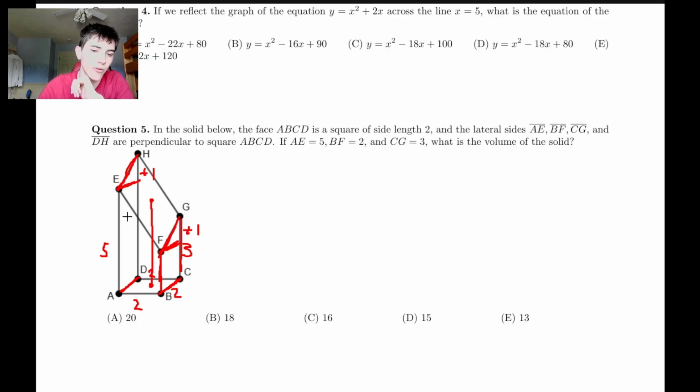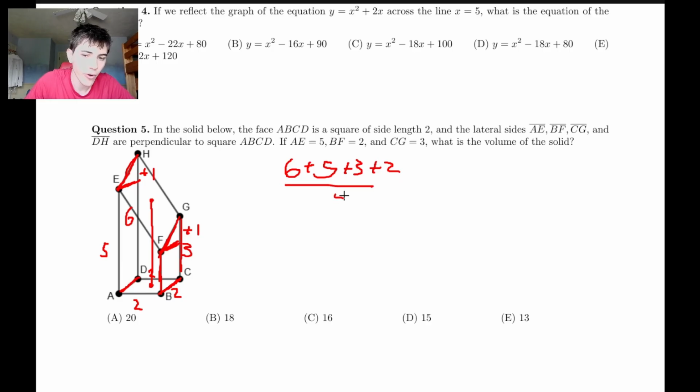Yes, you should also increase by 1 to get DH equals 6. And so now you can average all of these, which would be 6 plus 5 plus 3 plus 2 divided by 4. But then you would multiply by 4 because that's the area of this square right here. So the answer would just be 6 plus 5 plus 3 plus 2, which is 16.